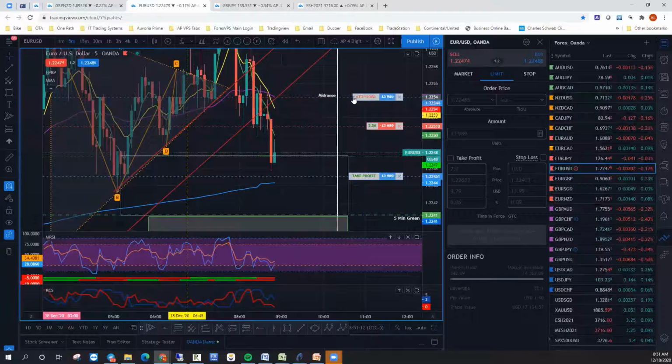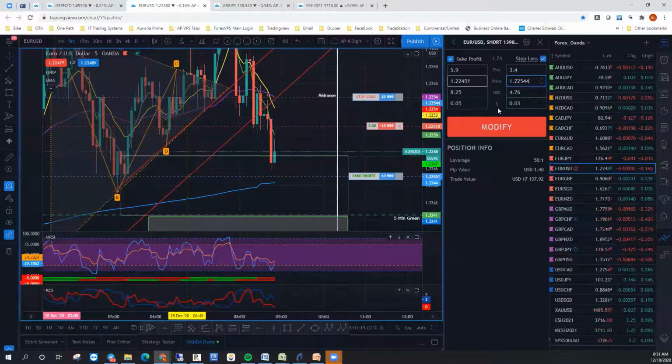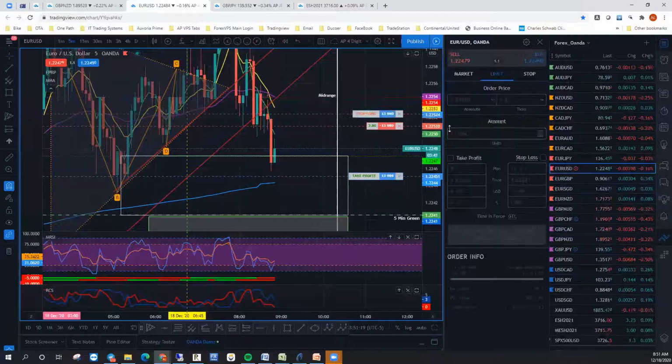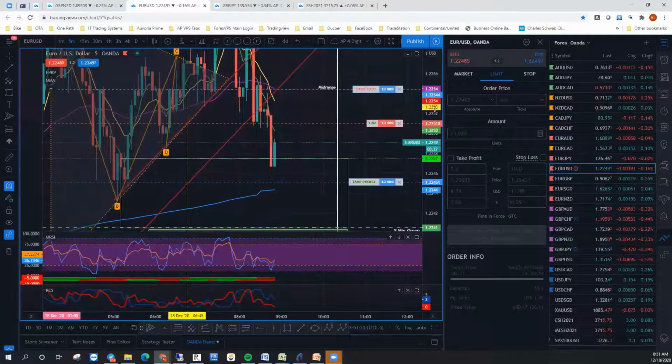Ideally, I should probably keep it up here, even if I'd rather not have to take another position on this just because of the pullback. Oftentimes, you're just better off letting your stop alone.